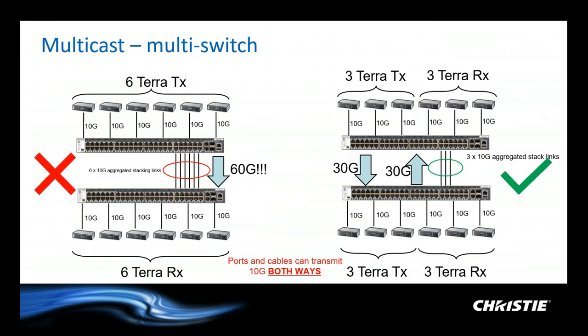In a multi-switch environment, what you've got to remember is that the transmitters are always going to try and publish up to potentially a maximum of 10G on the network, and the Terra RX are always going to try and subscribe to a maximum of 10G.